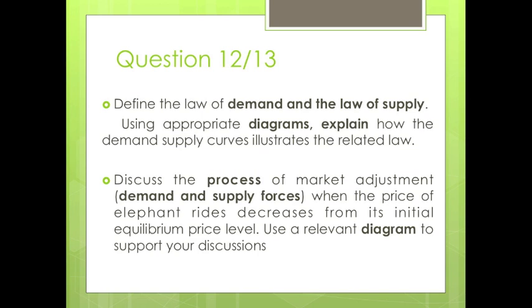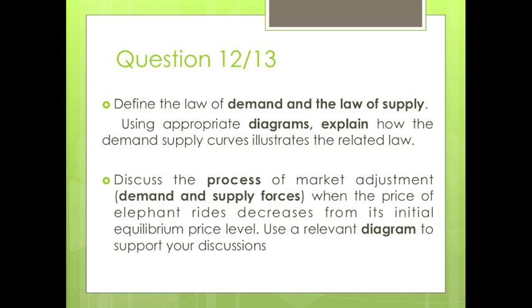price of elephant wine reduces, it will affect the demand or will it affect the supply? It will affect the supply and demand. So how will it affect the demand and supply? What will happen to your supply? Decreases. The supply will decrease. How about demand? Demand increases. So when supply decreases, demand increases.